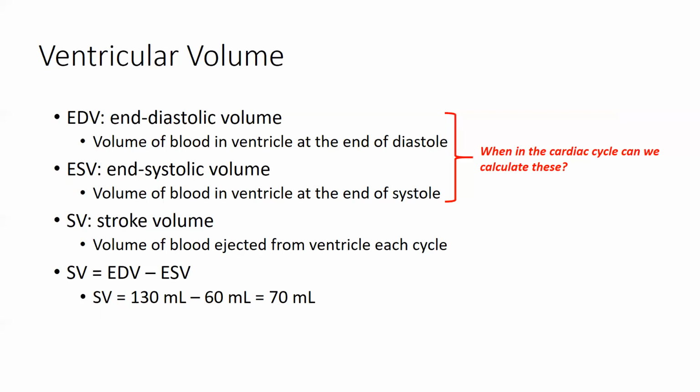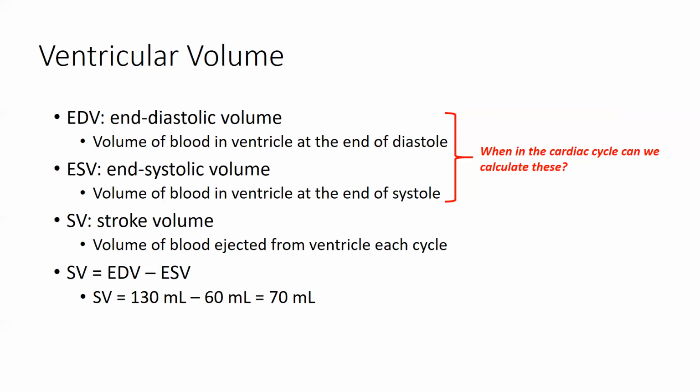Your stroke volume, how much you pumped out into that vessel, is your end diastolic volume, all the blood that you filled into that ventricle, minus your end systolic volume, what is left in that chamber after you have ejected the blood. So end diastolic volume minus end systolic volume gives you your stroke volume. How much blood did you actually send out into the vasculature? That's your stroke volume.